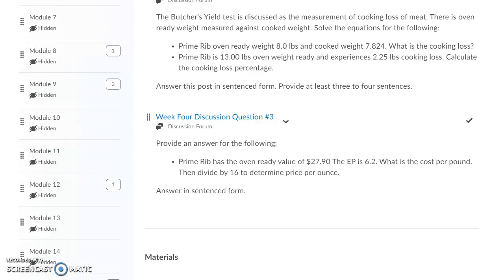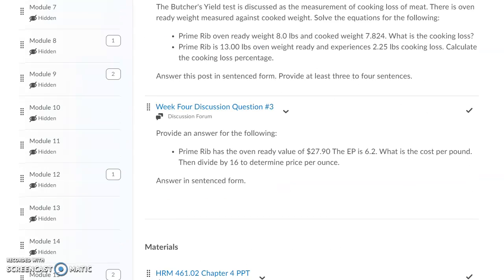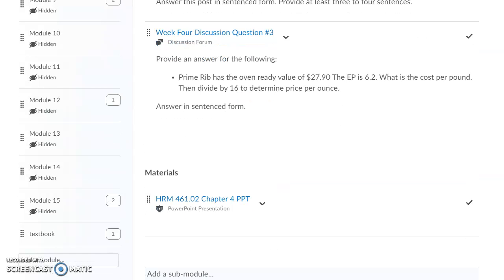And then what you want to do is determine the cost per pound, and you will divide that by 16, which is the ounces. And so that would be the final discussion question post within this week that you would actually answer.